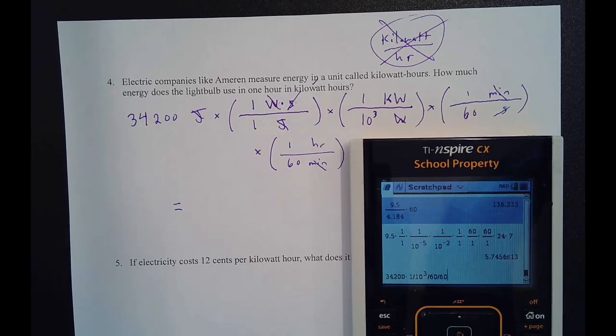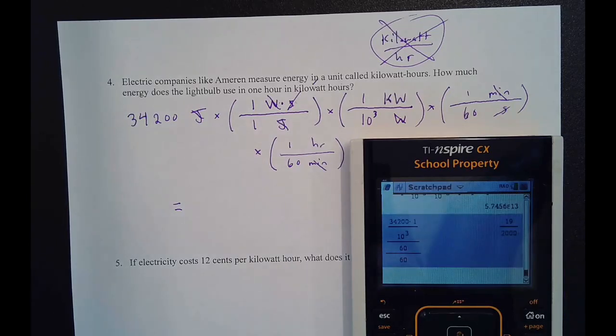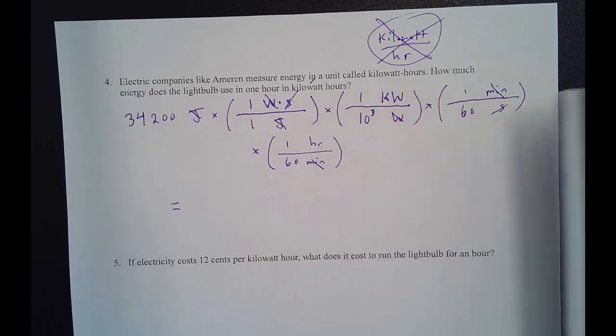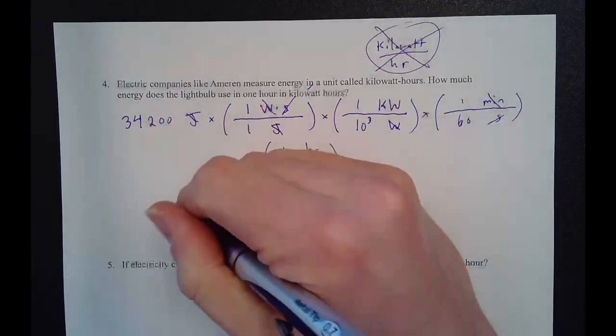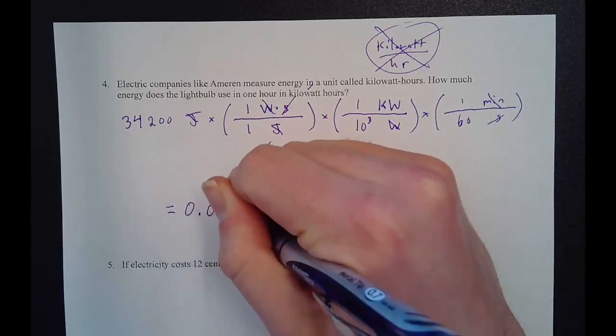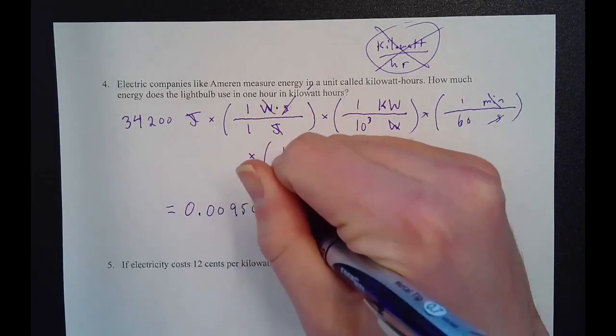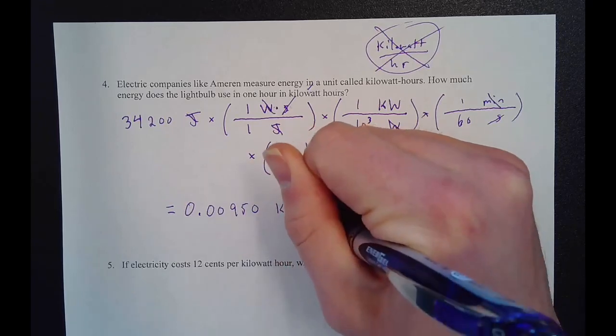And if I press enter, I end up with approximately 0.0095 kilowatt hours. 0.00950 kilowatts times hours.